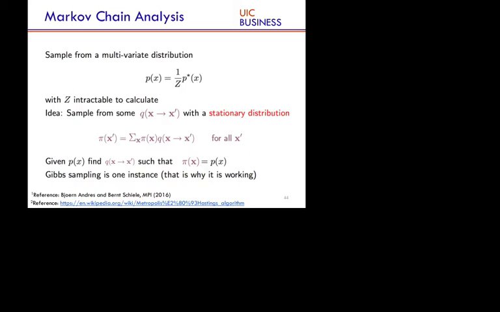Now, let's say from x0 I went to some other sample x1, and then another sample x2. I'm using an index of time. So pi at time t, pi of x, may need time indexing.